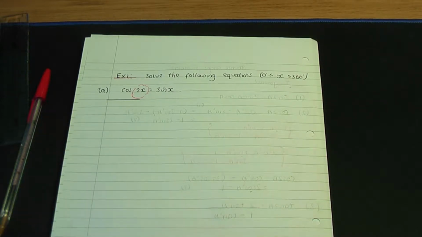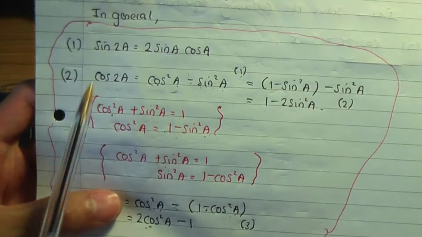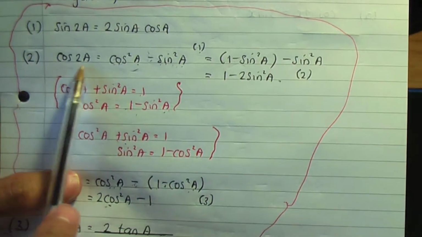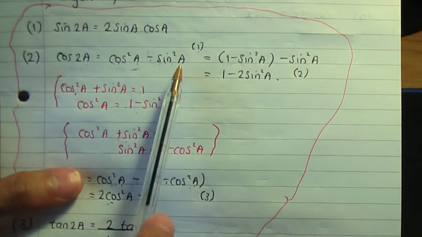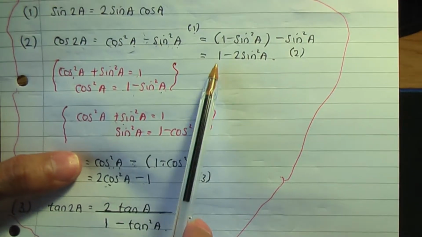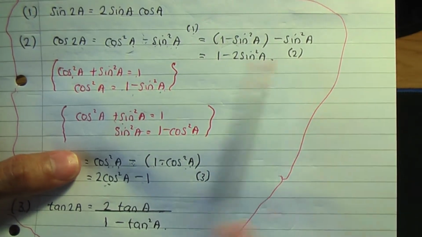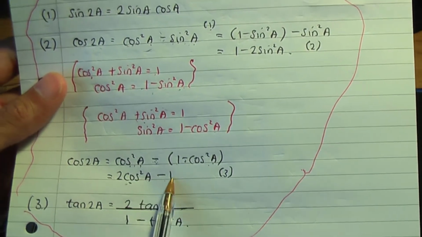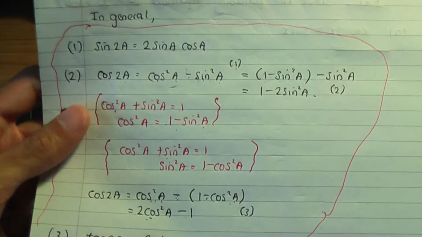Cos 2a is either cos squared a minus sine squared a, which I labelled number 1, or 1 minus 2 sine squared a, labelled number 2, or 2 cos squared a minus 1, labelled number 3.